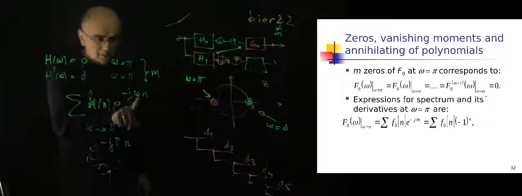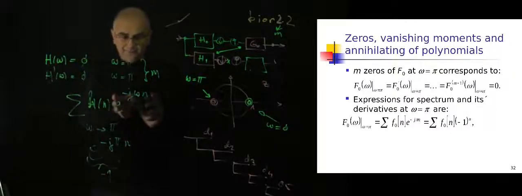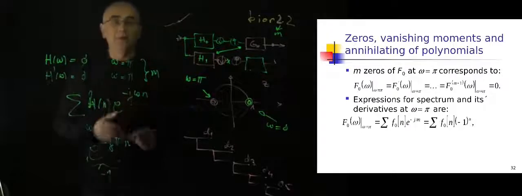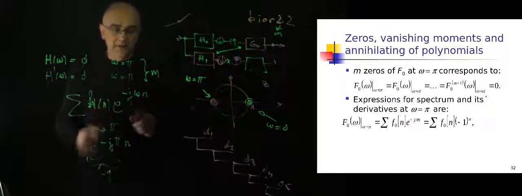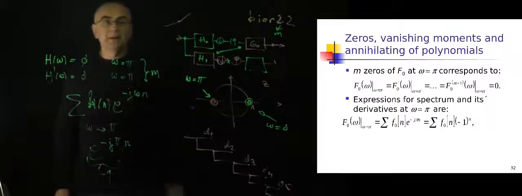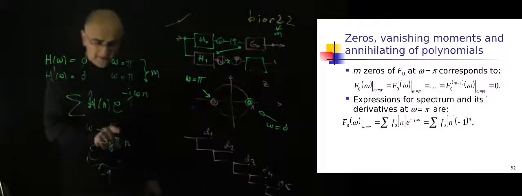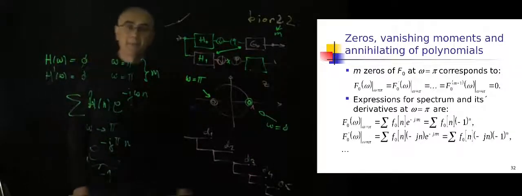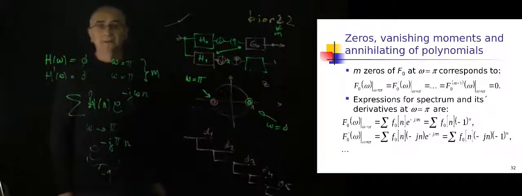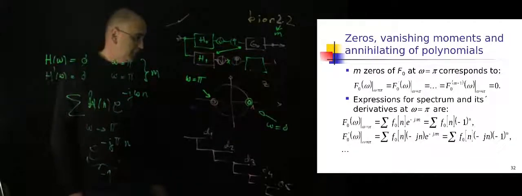Omega is only right here. The derivative of the exponential function is the exponential function itself, only that omega goes out. And when I put pi right here, what I'm going to get is jn, minus jn in my expression.